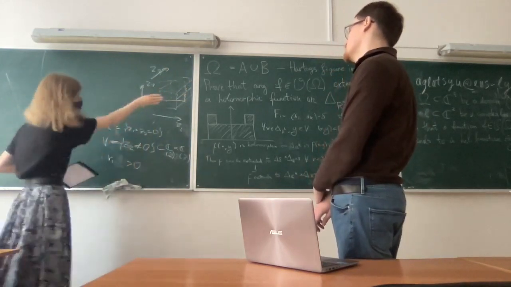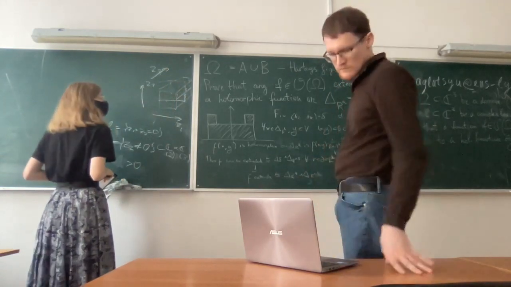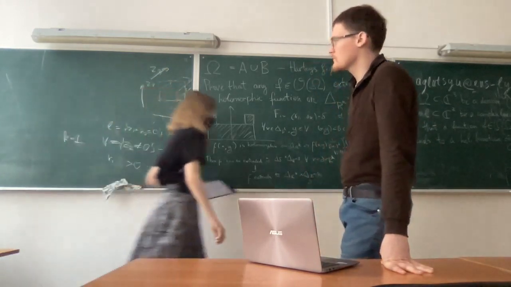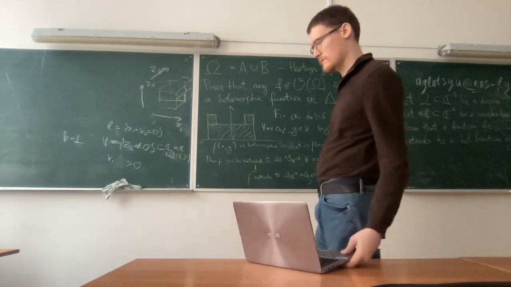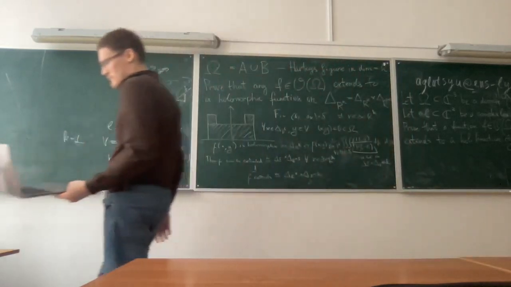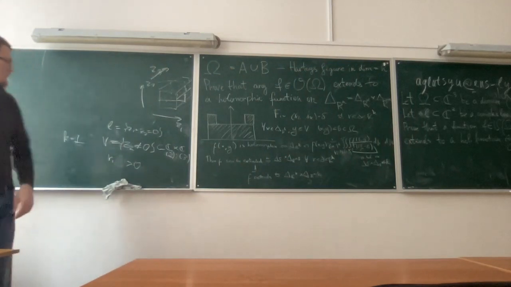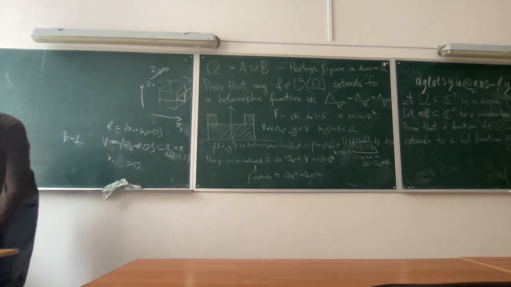So these are slices parallel to this. Yes, that's correct. So if you choose V like this, let's consider the corresponding set, call it V. It corresponds to set B. If you take V, then you find out that V cross D is a disk of radius R1.